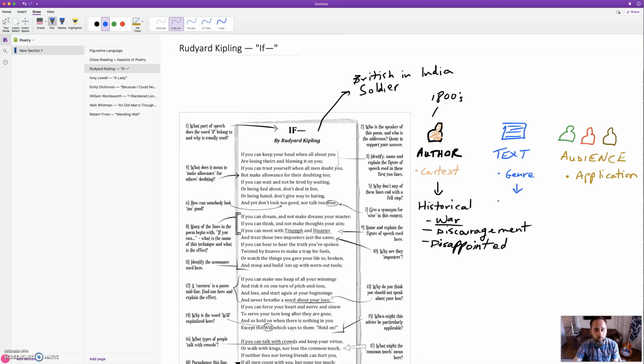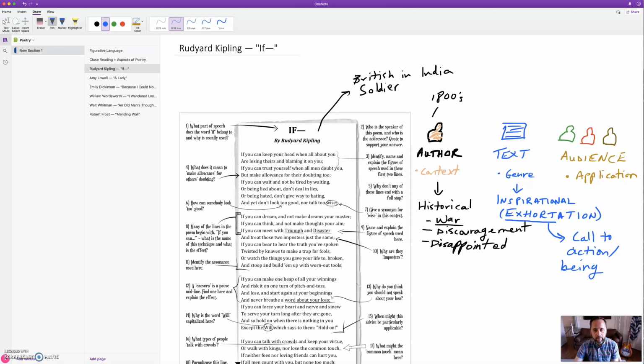So the genre of our poem, we can call it an inspirational poem. And we'll give you another word here. It gives an exhortation. Okay, to exhort is a call to action or a way of being.